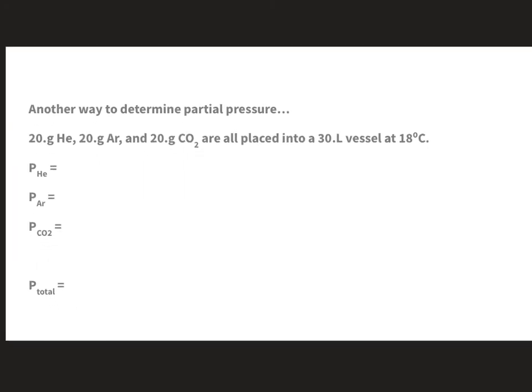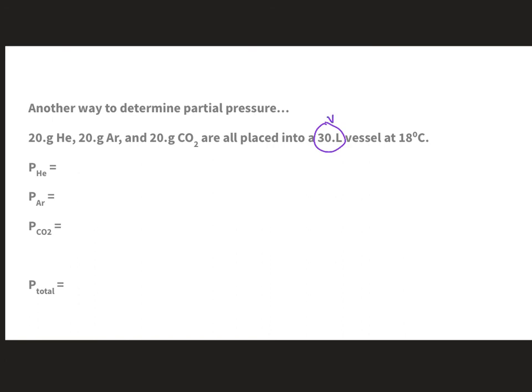So here is another partial pressure situation, and you actually have more information here. We have a volume, we have a temperature, and we have grams of all of these gases. And so we can, in this case, use PV = nRT. Let me just explain something to you, though.